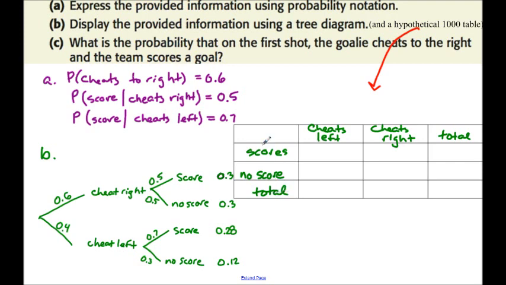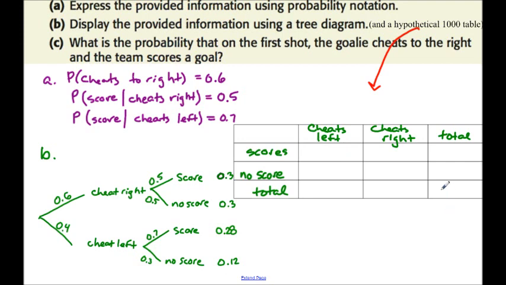All right, so how are we going to take this information? You might be saying, why am I going to make this hypothetical 1000 table? Well, here's the idea. Instead of thinking in terms of probabilities, let's think in terms of concrete counts. So we're going to put some actual counts in here.